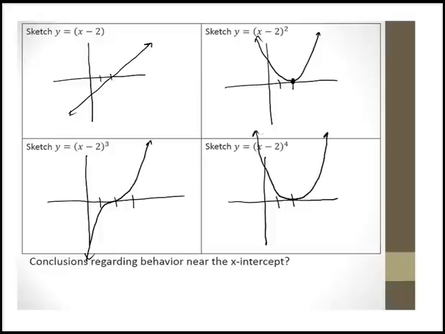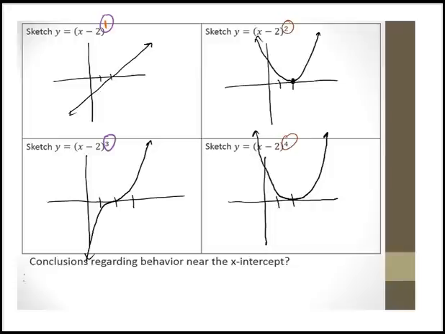So, conclusion regarding behavior near the x-intercept. Notice that this x minus 2 is an x minus 2 to the first power, that first one that we did. So notice, odd, passes through; even, does not pass through. Alright, so what we have here are factors with different multiplicities.